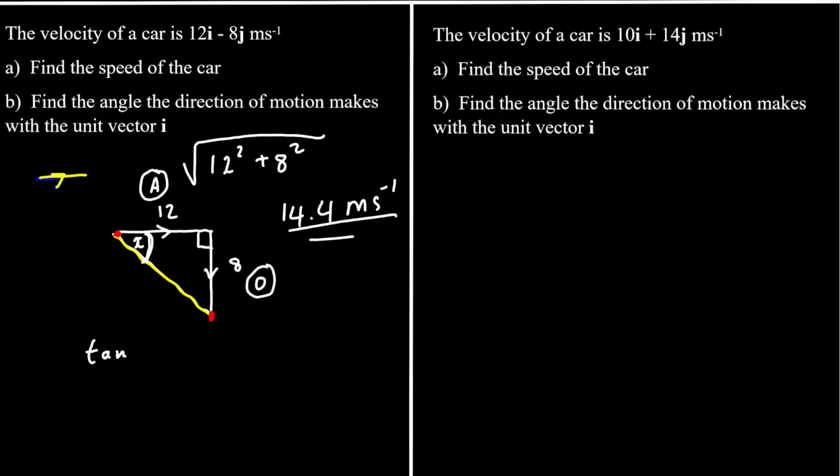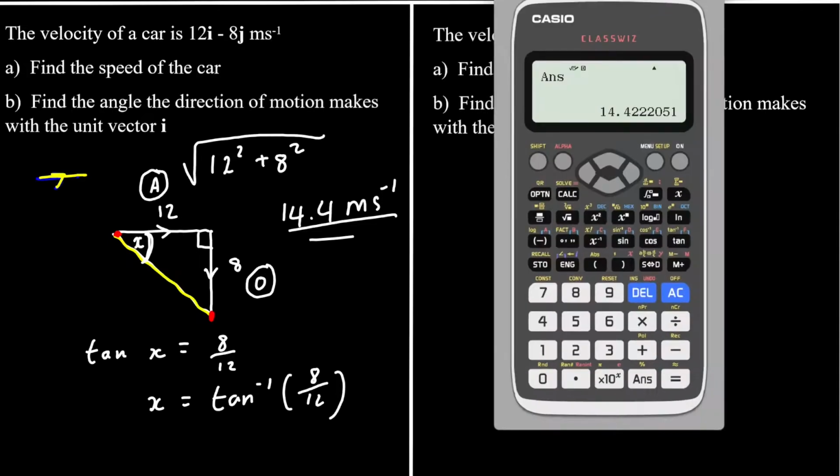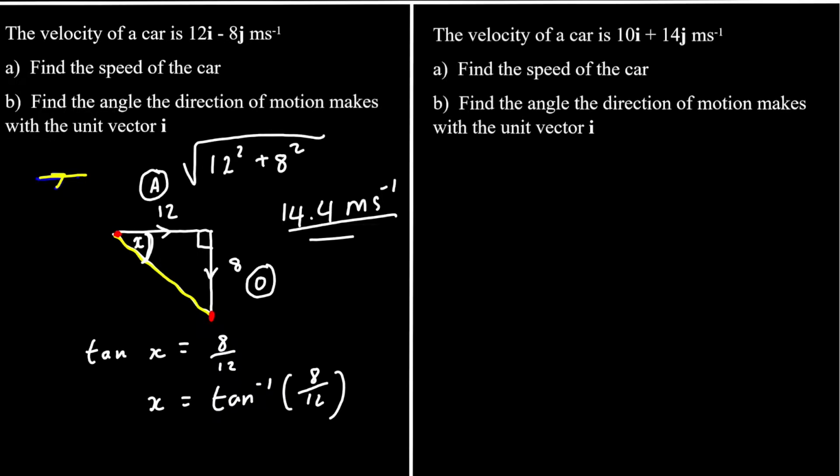Tan x equals the opposite over the adjacent, TOA, 8 over 12. So the angle is arctan of 8 over 12. And that is 33.7 degrees.